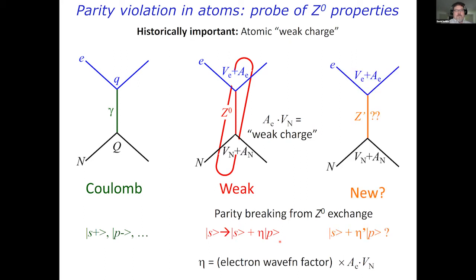The interest here for many years was to see if this coupling constant was exactly the same as predicted by the standard model, given a known electron wave function factor and the predictions of the standard model for these coupling constants. Or if it deviated from that, it could be evidence that there's a new particle analogous to the Z, a Z prime particle, with different couplings that would modify this mixing coefficient.